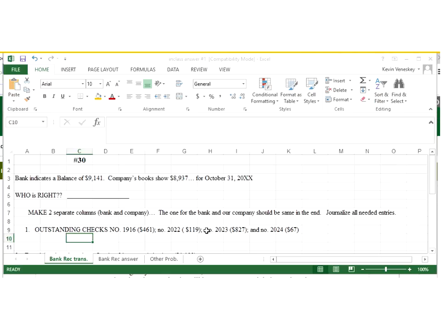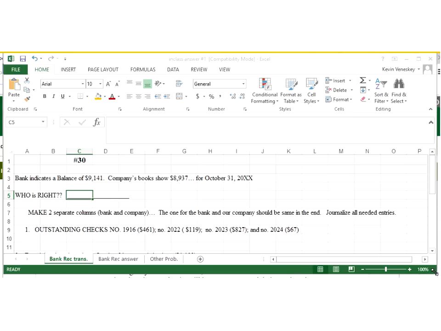Here we go. So my opening question on number 30 is, who's actually right in this situation? I get the bank statement, and it says I have a balance of $91.41, whereas my cash T account says, well, I thought I only had $89.37. Who's right? Well, we'll answer that question in just a minute.